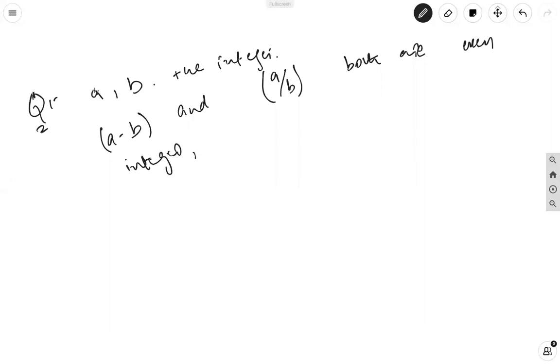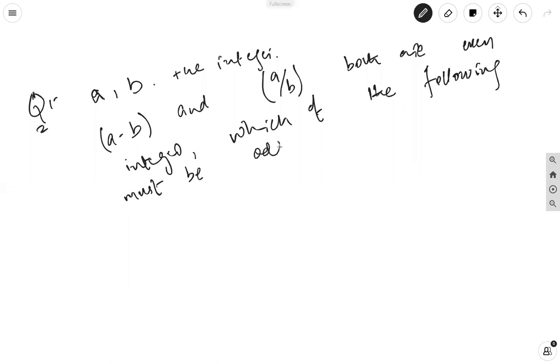I will repeat the question. The question is saying that A and B are positive integers, and such that A minus B and A over B both are even integers. The question is asking which of the following must be an odd integer.